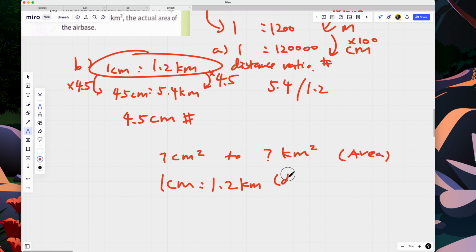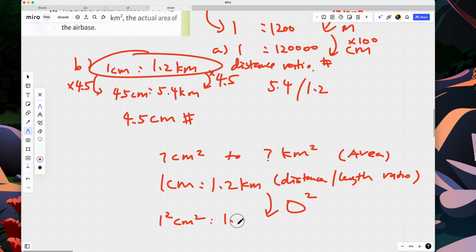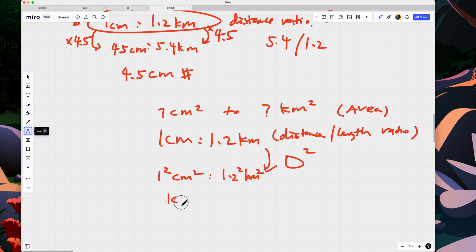This is your distance ratio, or I like to call it the length ratio. Then you square everything. So it's 1 square cm square to 1.2 square kilometer square. Simplify it further: 1.44.